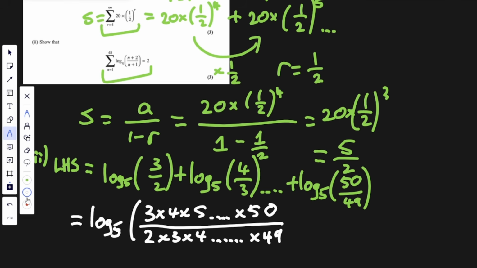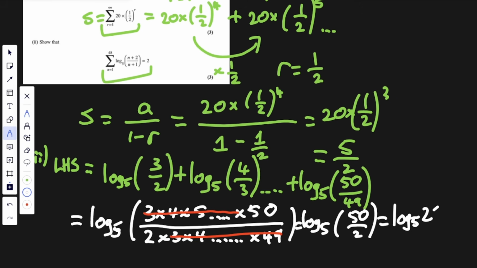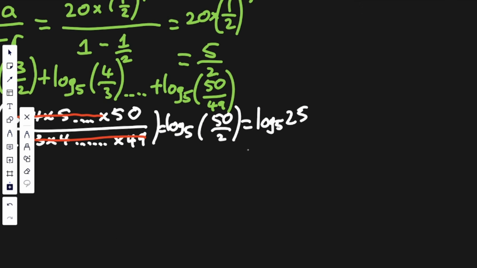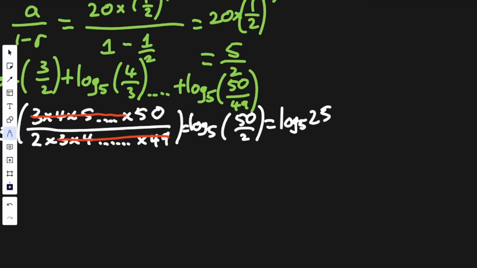Well, these are all going to cancel with this, and we're going to be left with log 5 of 50 over 2, which is in fact log 5 of 25, and that's just 2. So that's one way of doing it. That's using that logarithm rule where we can add stuff.